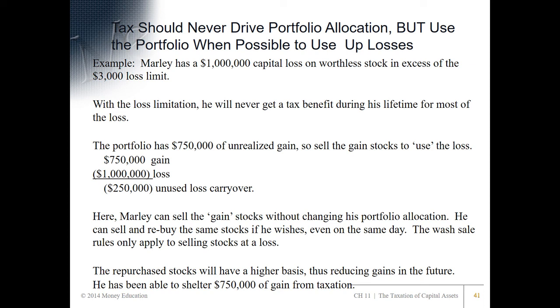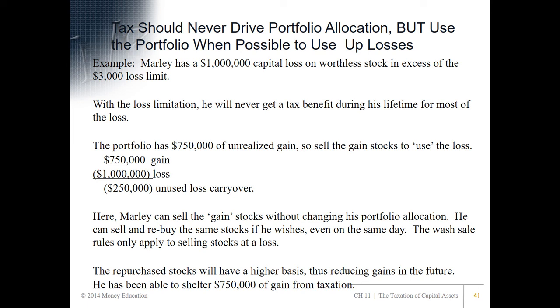Now, with the loss limit, he will never get a tax benefit during his lifetime for most of that loss. The portfolio has $750,000 of unrealized gain. In other words, it's appreciated, but they haven't sold it, right? Unrealized gain. So what you can do here to save your client a lot of money is sell the gain stocks in order to use the loss.